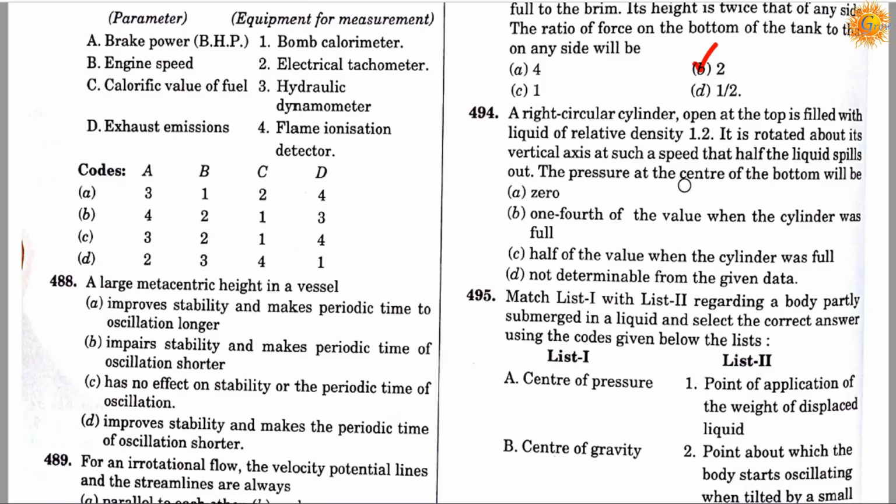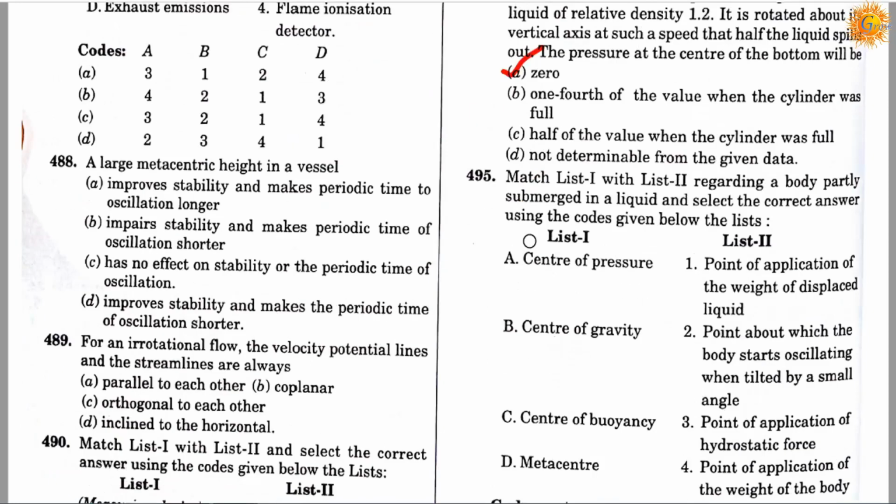The pressure at the center of the bottom will be: option A, 0; option B, 1/4 of the value when the cylinder was full; option C, half of the value when the cylinder was full; option D, not determinable from the given data. So the correct answer is A, it will be 0.